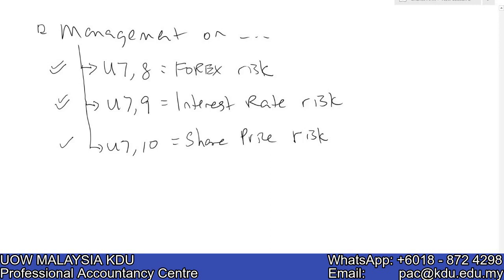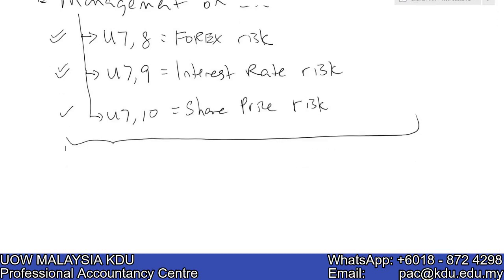So that basically tells you the number of classes that we have left, and how we manage to cover the 3 categories of risk management. Before I move on into forex risk management for you today, let me just give you some overview of what exactly the exam questions would like to test about management of the above risks.